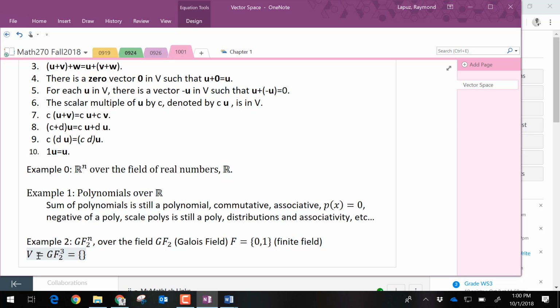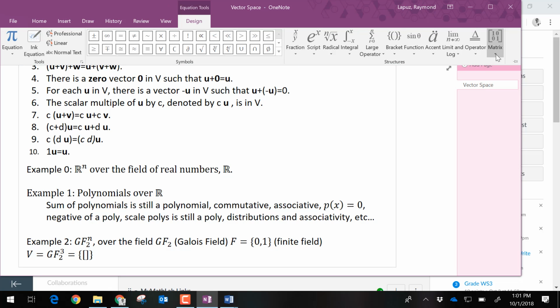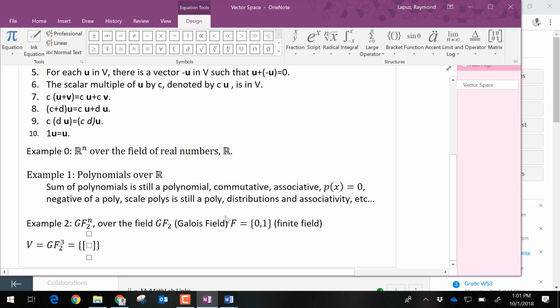And we can actually list them, I think. For all the people that have taken combinatorics or counting, do you know how many elements we'll have in this space? 8? I think so, I don't know. 2 cubed. So it's either 2 cubed or 3 squared. What's 3 squared? 9. It's one of those. I don't know what it is right now, but we'll see. But the thing is, we can list them.